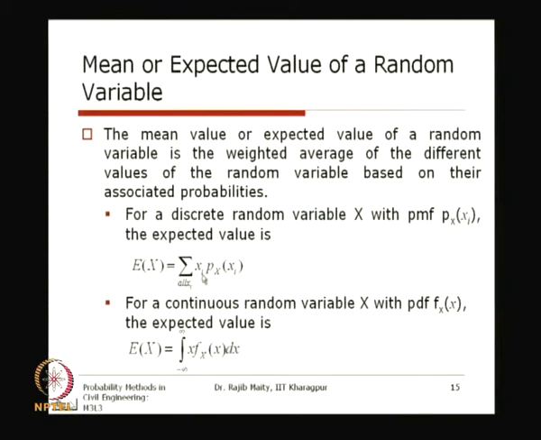So instead of simply taking the average of the outcomes, we take the weighted average, weighted by the associated probability. So this is the expected value.